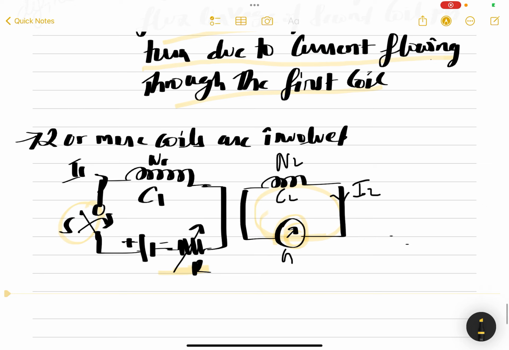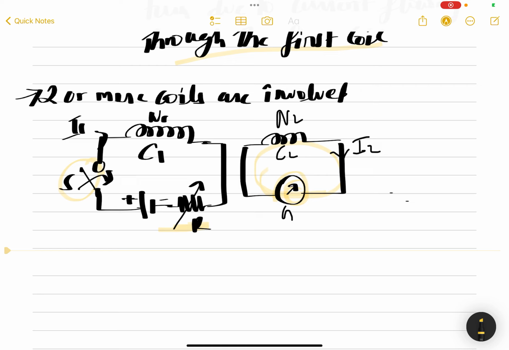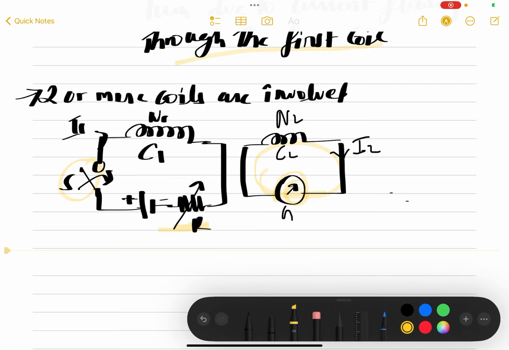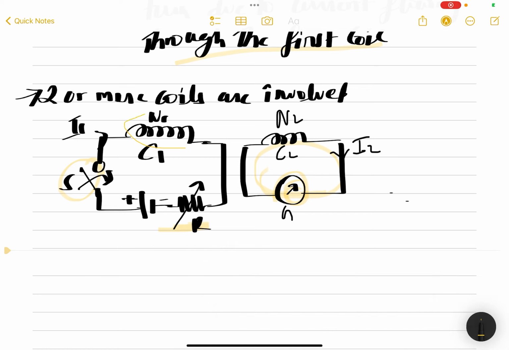Now let us draw some flux lines over here. See, this is the flux that is produced by C1. Let us term this flux as phi1. Now since phi1 is produced, a part of this flux completes its path through coil C2, right?